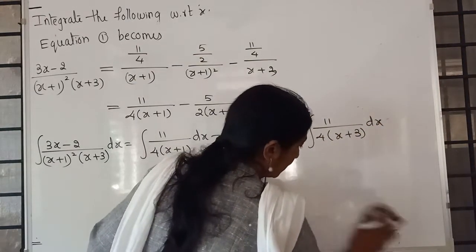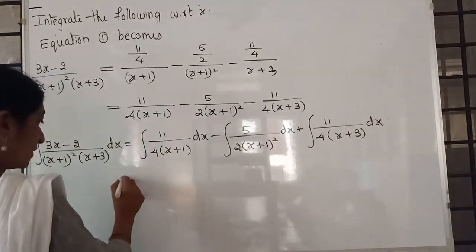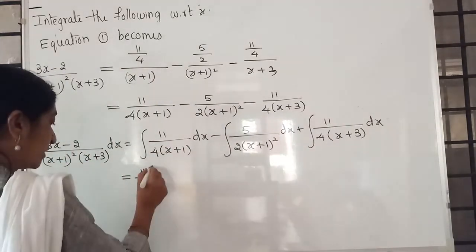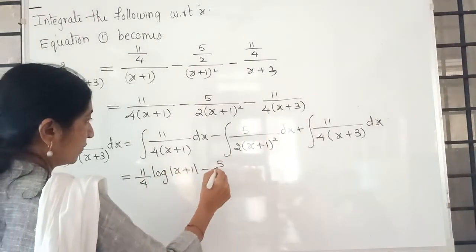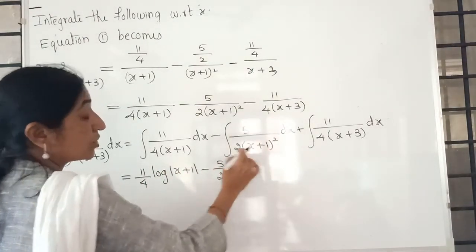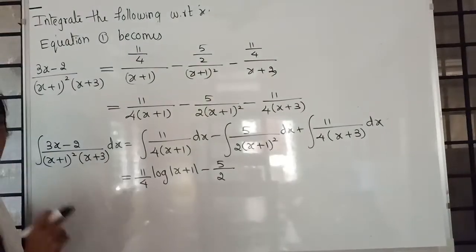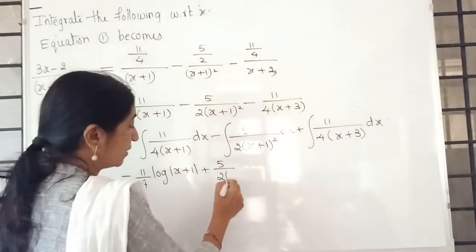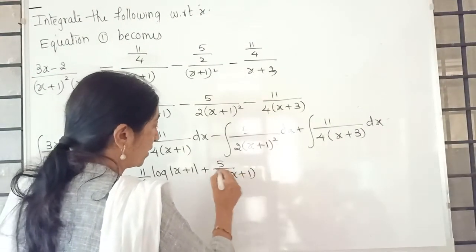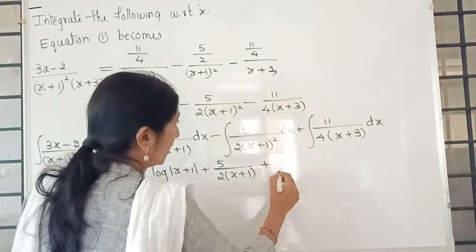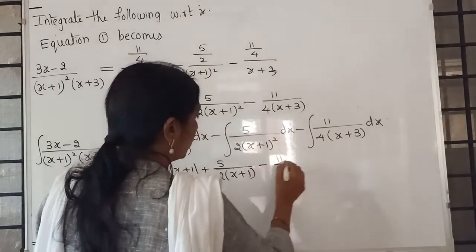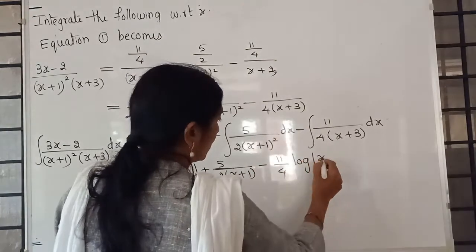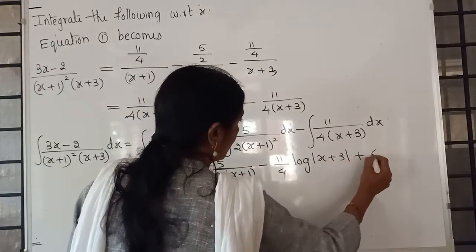Now integrate. 11 by 4 as it is, log of x plus 1, minus 5 by 2. What is the integration of 1 by x square? Minus 1 by x. So it becomes plus 1 upon x plus 1, plus 11 by 4. Sorry, c is minus 11 by 4 log of x plus 3 plus c.